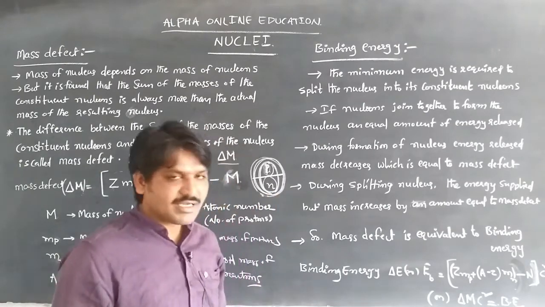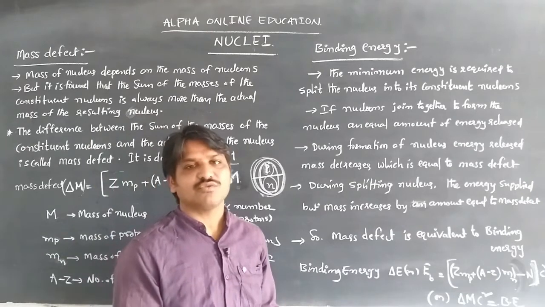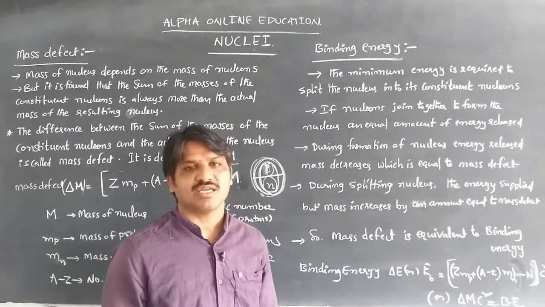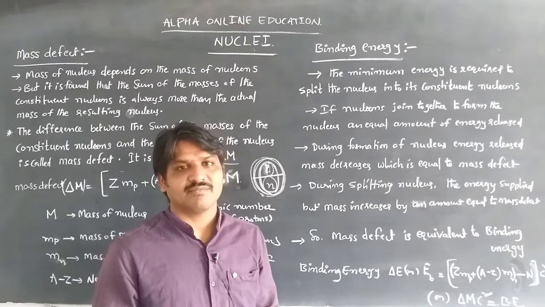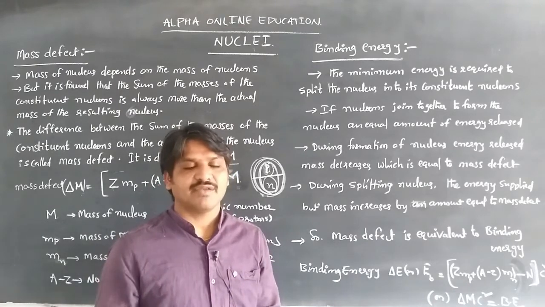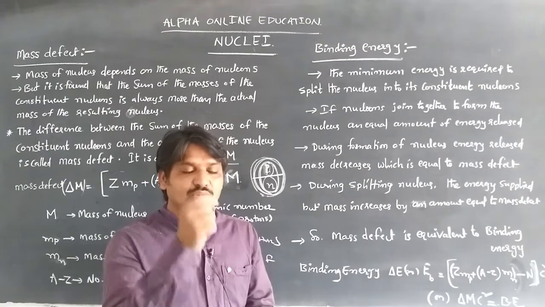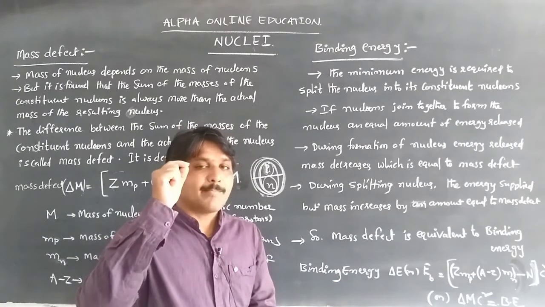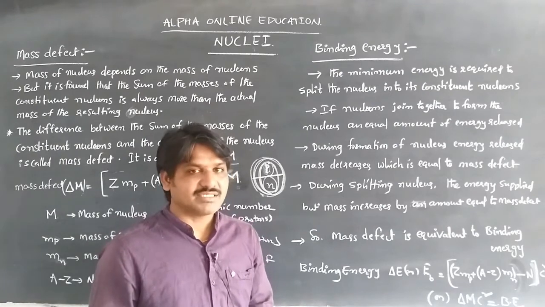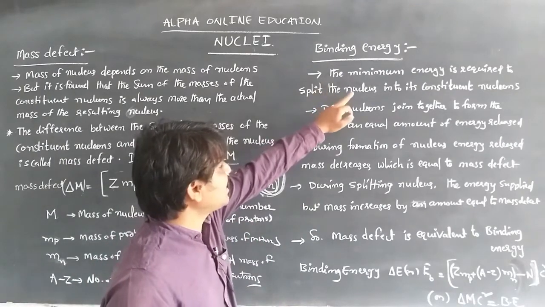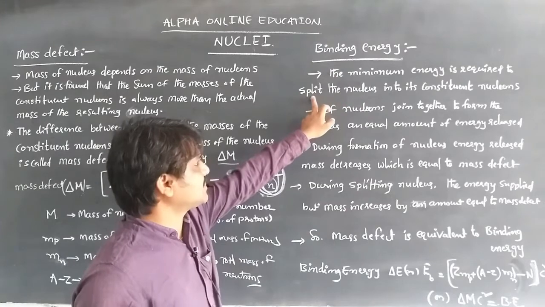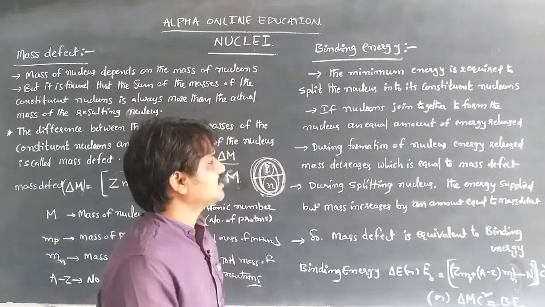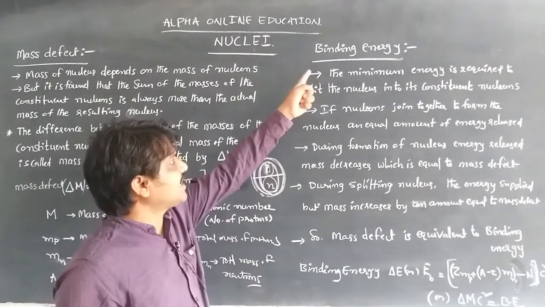Whenever a proton and neutron combine to form the nucleus, some energy is released, which is equal to the mass defect. The minimum energy required to split the nucleus into its constituent nucleons is called the binding energy.